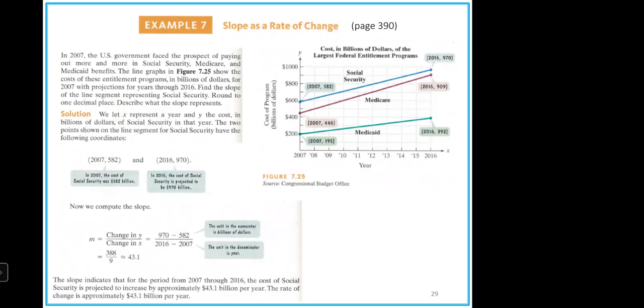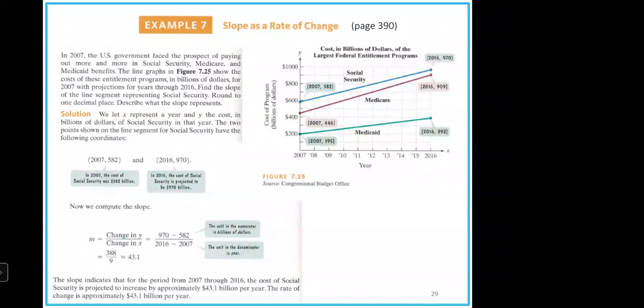For Medicare, 2007 was 446, and 2016 was 909. And for Social Security, in 2007 the cost was 582 billion, and in 2016 it was 970 billion. So we have 3 different lines on that graph showing you how the costs of these particular programs have changed between 2007 and 2016.